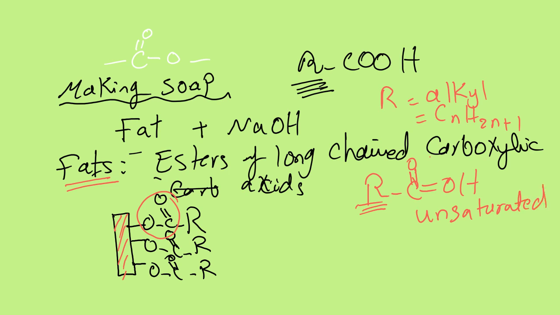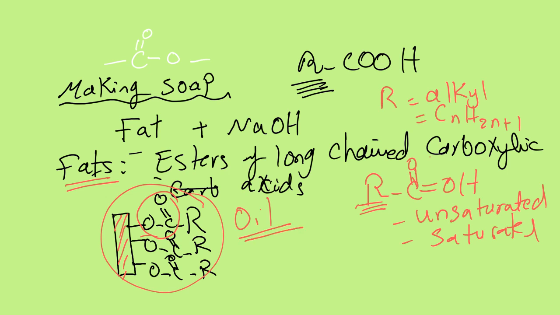But if all bonds between carbon atoms in R are single, it is described as saturated. We said before that if many unsaturated acids are present in the fat or lipid molecule, the molecule will be liquid and make an oil. While if all R's were saturated, the molecule will be solid or semi-solid and it will be called fat.